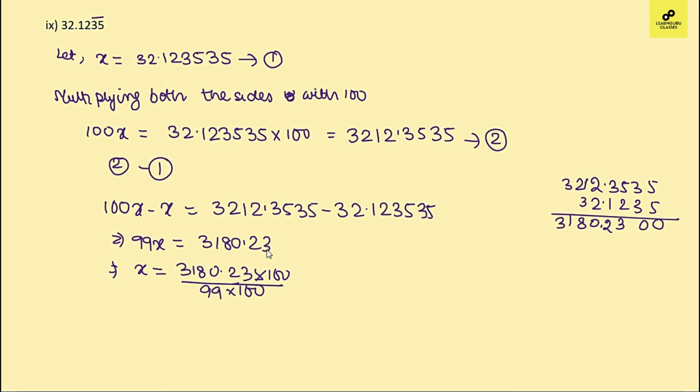So the number becomes 318023 divided by 9900. Okay, so either you can keep in this way or you can reduce it to simpler terms. It is up to you. No, you can't reduce it further, so better you keep in this way.